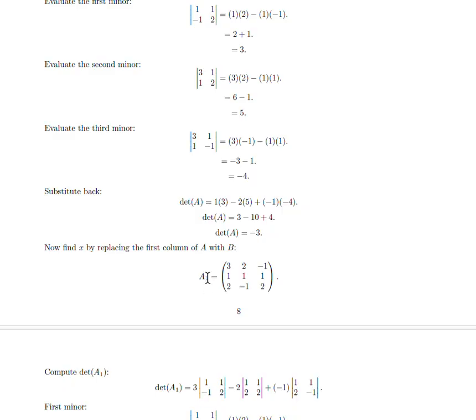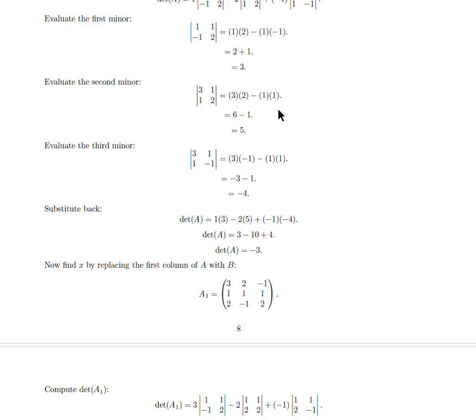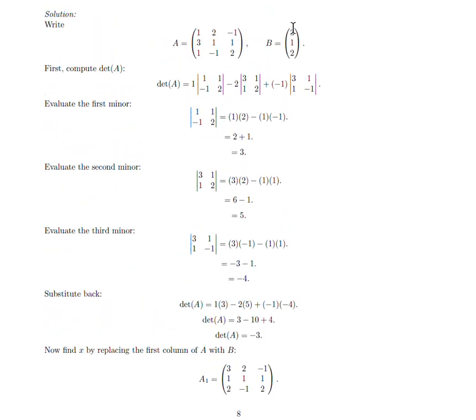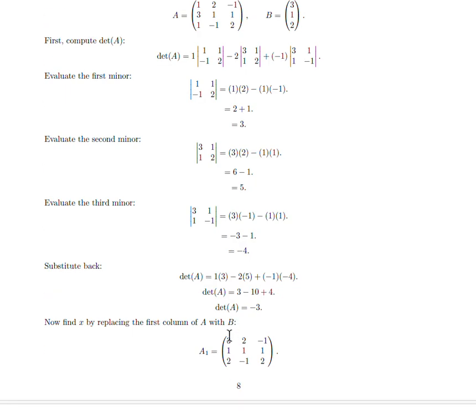A1 is gotten by taking our matrix B and fixing it in column 1, and that goes hand in hand with variable 1. Variable 1 is x, right?